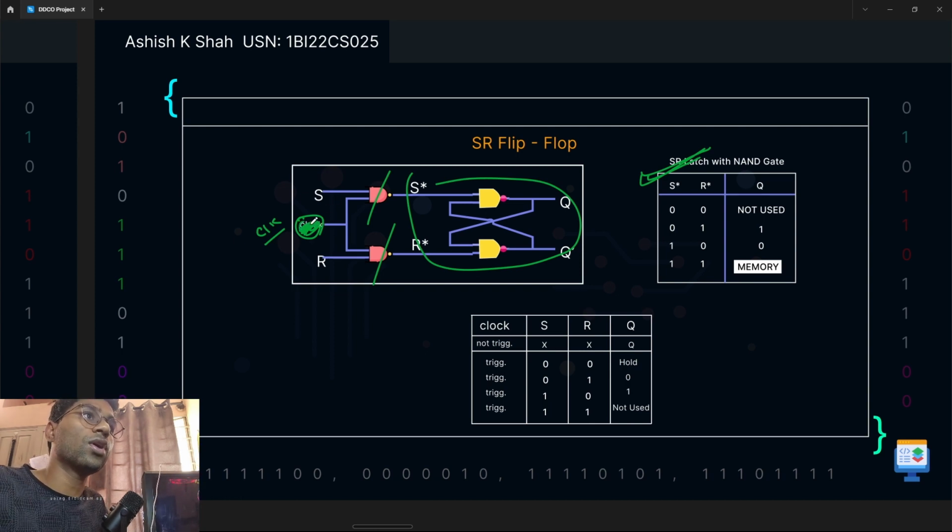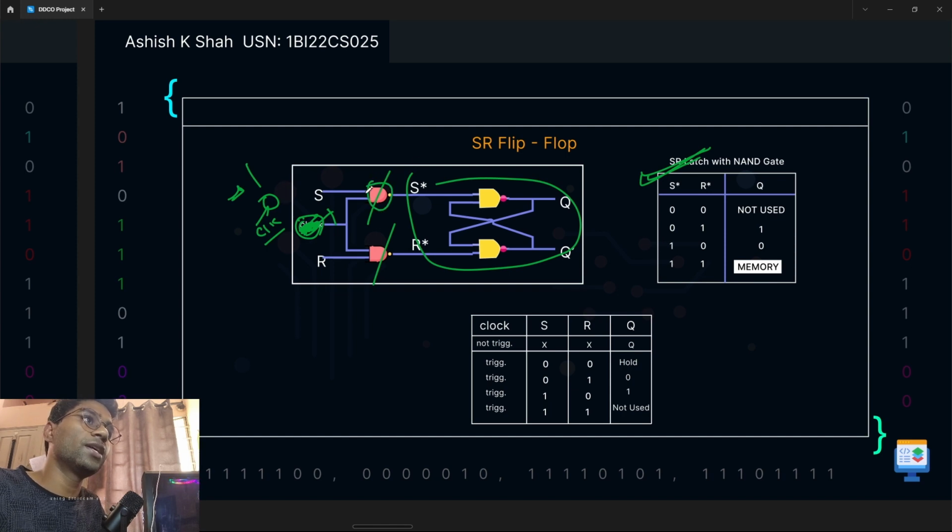Clock means here I am giving a signal. If the clock is triggered, then it takes input as 1, and if it is not triggered, it takes input as 0.